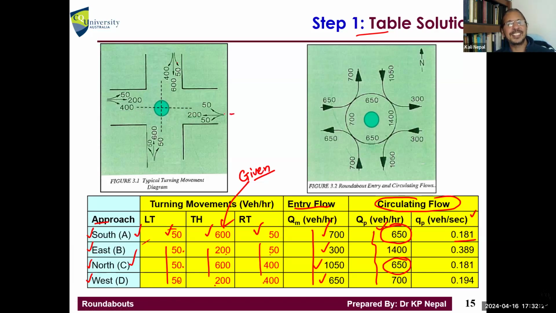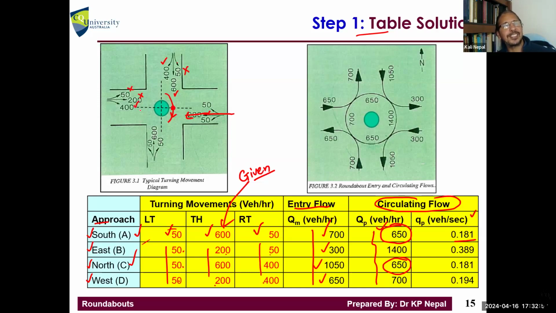Let's do east. If you are coming from the east, you need to give way to any vehicles coming this way, right? At that particular point, that side. Who comes from that point? Of course this 600 they come, 50 they don't come, 400 they do. And 50 they don't arrive at that point, 200 neither, but 400 they do.